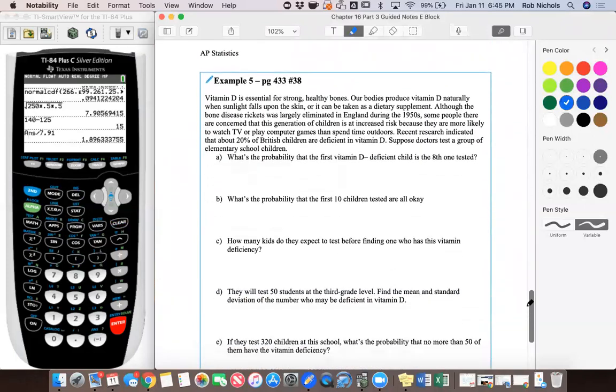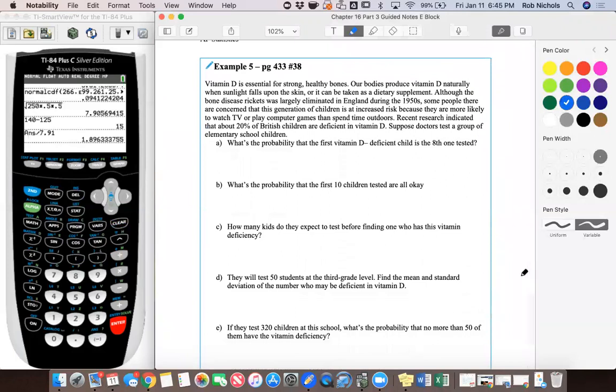All right, last question. So vitamin D is essential for strong, healthy bones. Our bodies produce vitamin D naturally when sunlight falls upon the skin, or it can be taken as a dietary supplement. Although the bone disease rickets was largely eliminated in England during the 1950s, some people there are concerned that this generation of children is at increased risk because they are more likely to watch TV and play computer games than spend time outdoors.